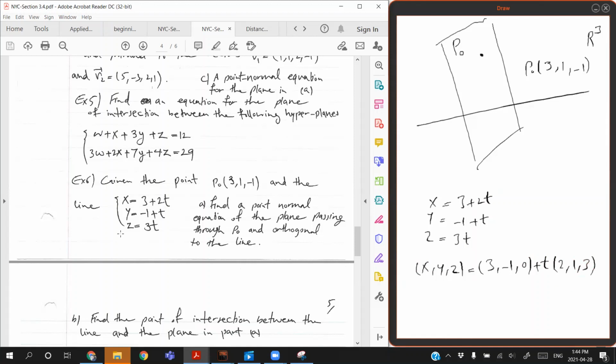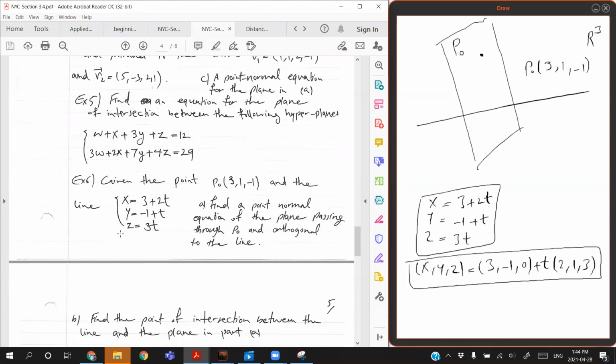I just looked at the coefficients of t: 2, 1, 3. So you agree that these two are equivalent? This is a set of parametric equations for a line, and this is a vector equation for the same line.